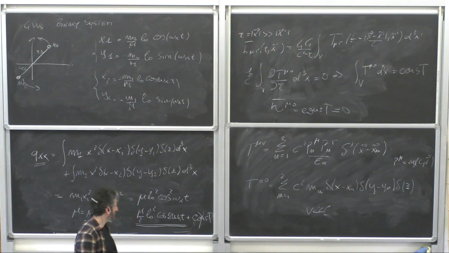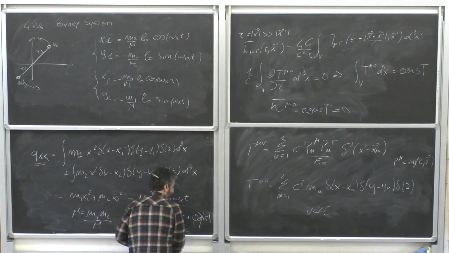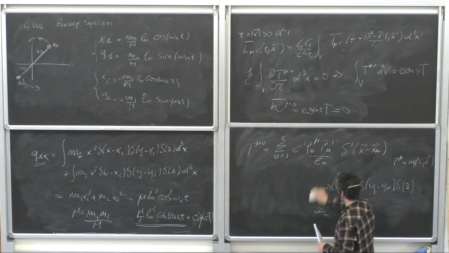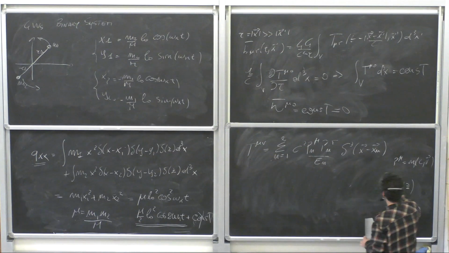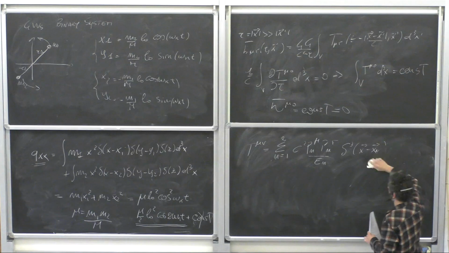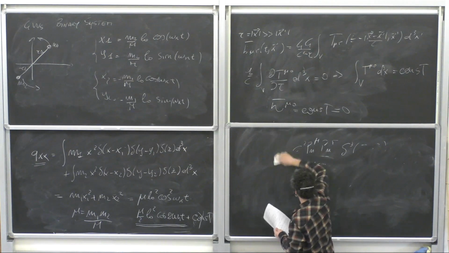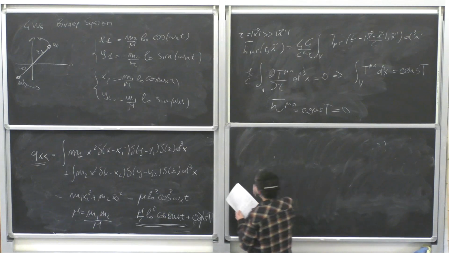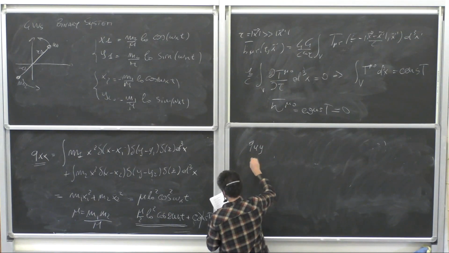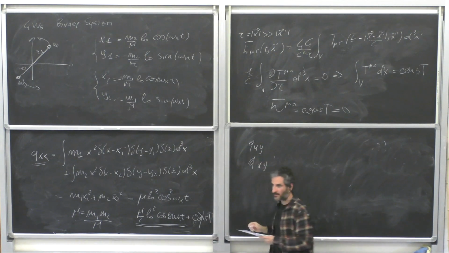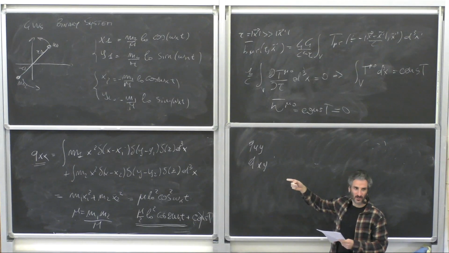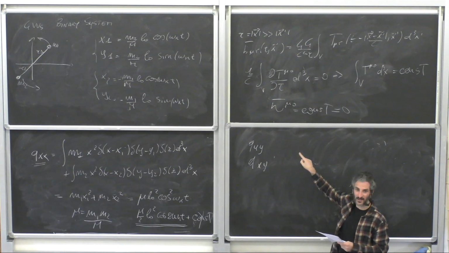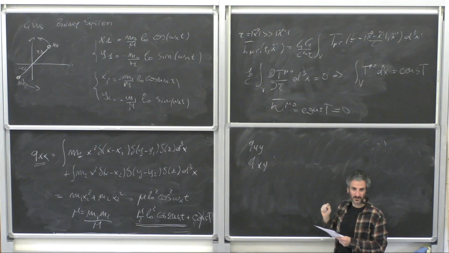You can actually compute all the other components, and you realize that there are only two other non-vanishing components of the quadrupole tensor, and these are QYY and QXY. All the other components will go to zero. The z components will all go to zero just because there is a Dirac delta peaked at zero.